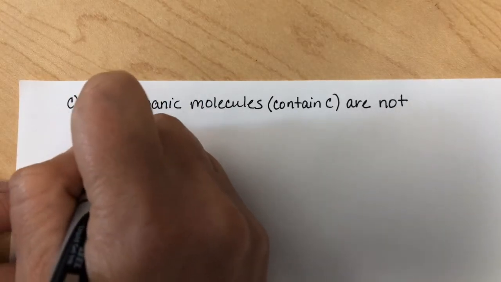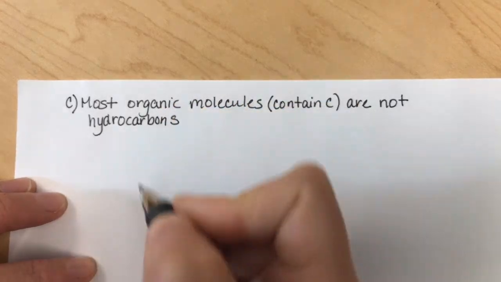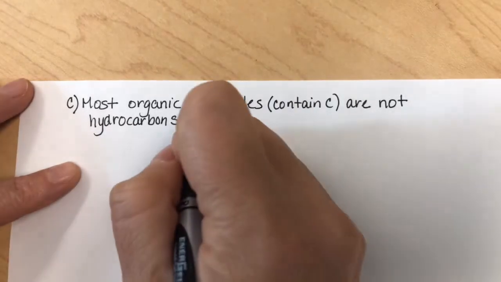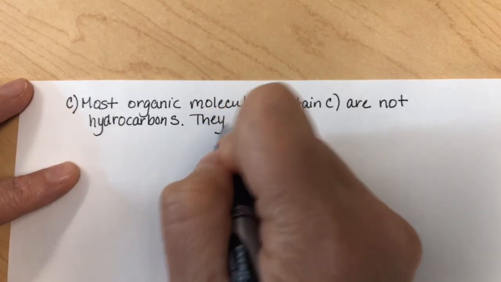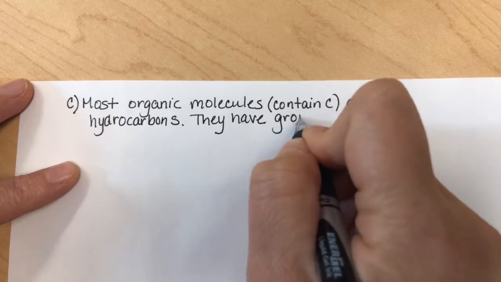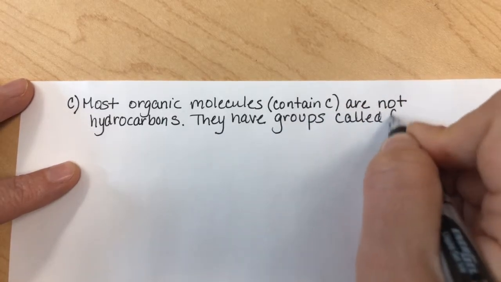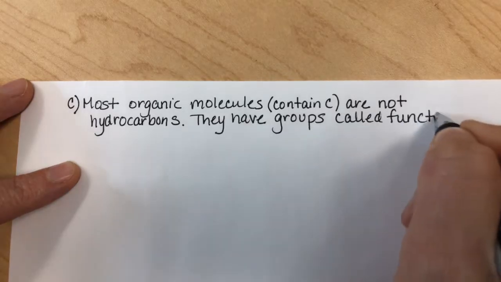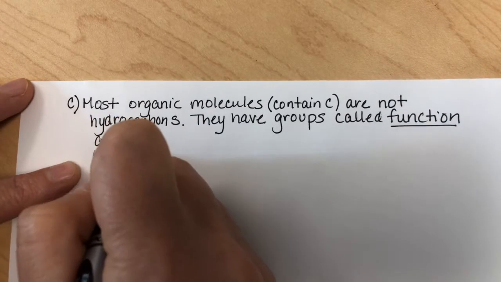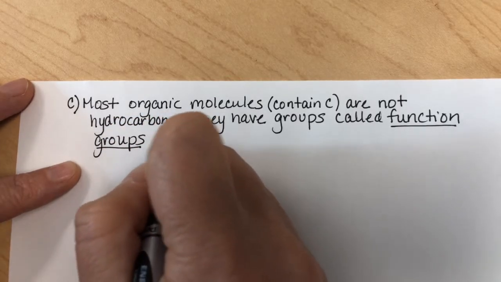That means that they have other atoms attached to them. Then I'm going to write that they have groups of atoms called functional groups. I'm going to underline that. It's a vocabulary word.